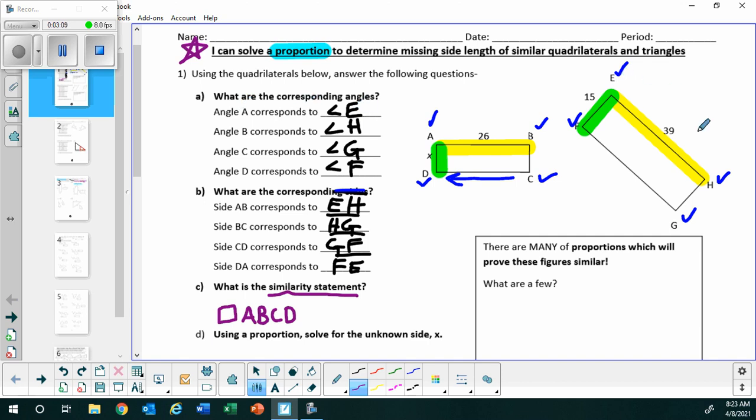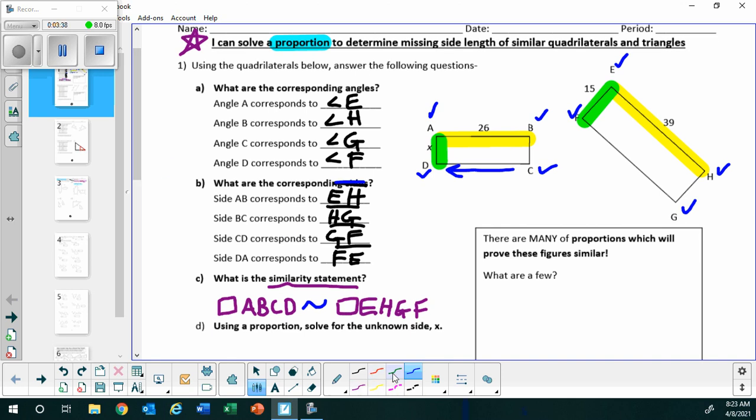So you can just read this one clockwise: E, H, G, F. So we've got quadrilateral EHGF. Go ahead and take notes with me on this one. And remember, the whole point of this is that they're similar, so we're going to use that little squiggle symbol. If they were equal, congruent shapes, then we'd put that equal line up underneath it, but they're not. They're similar figures, okay?